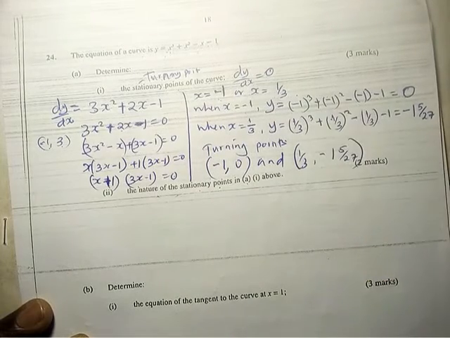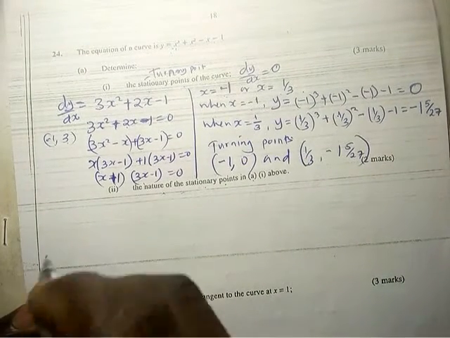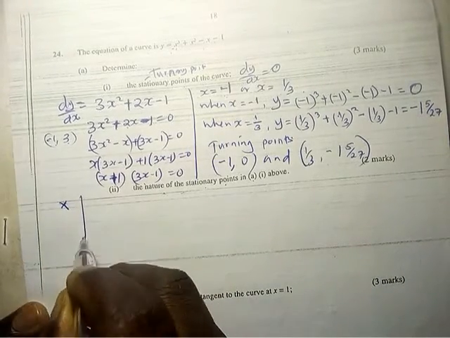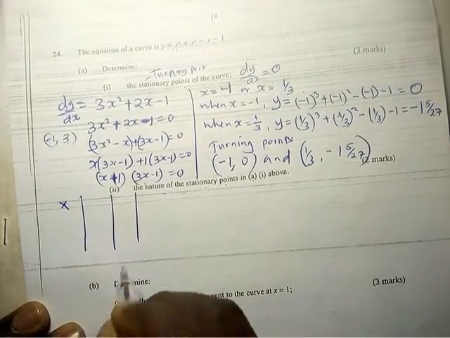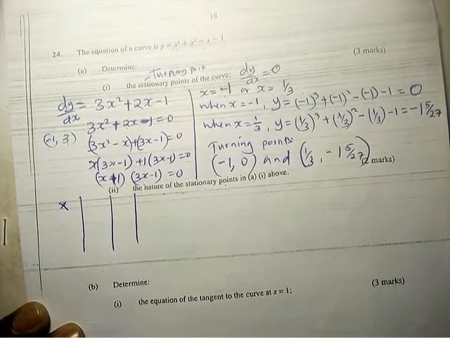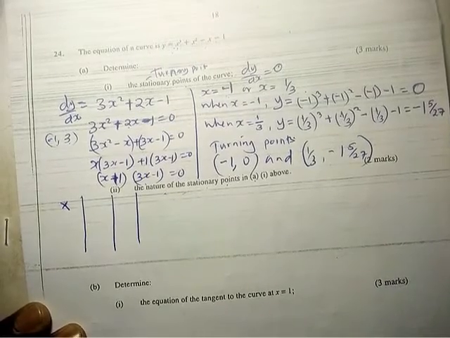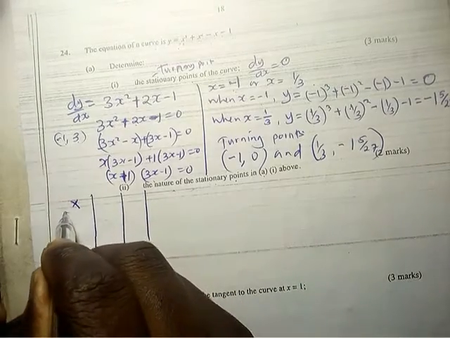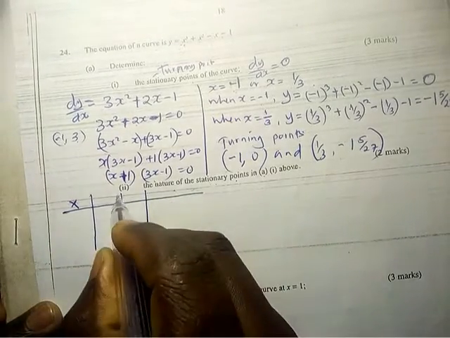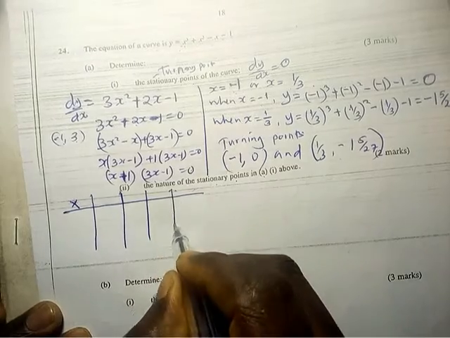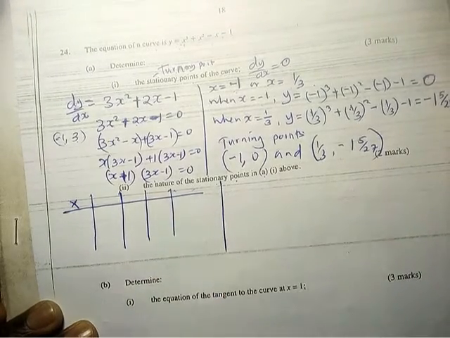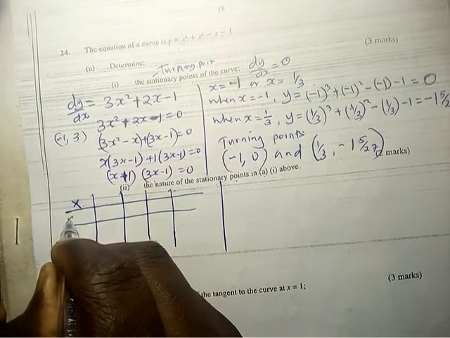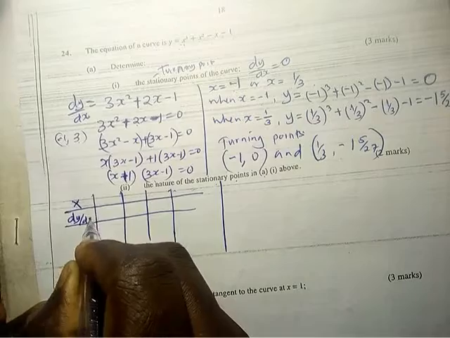So we do this, you draw a table of x, so we draw a table. Here we have the value of dy over dx.